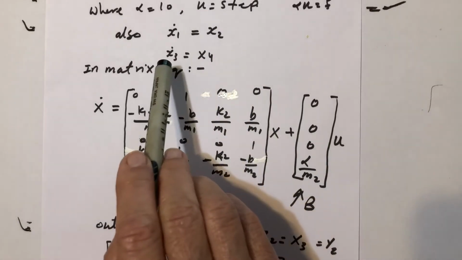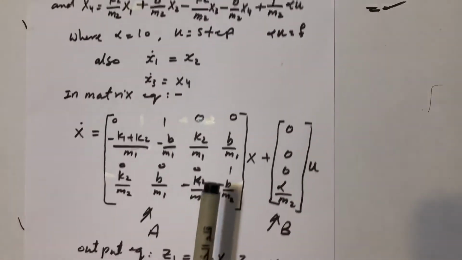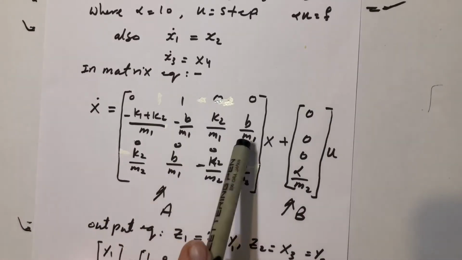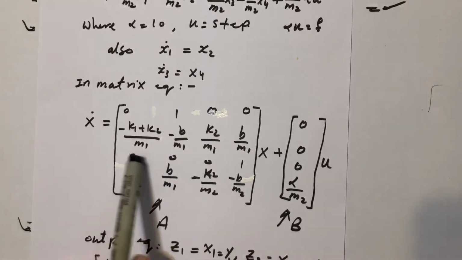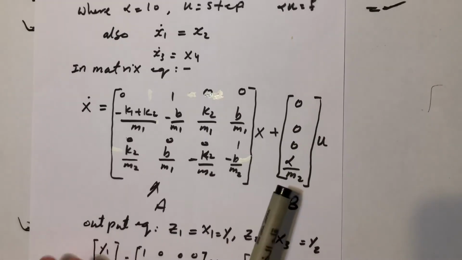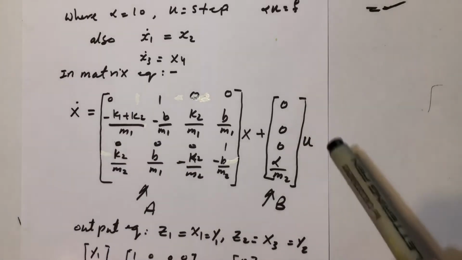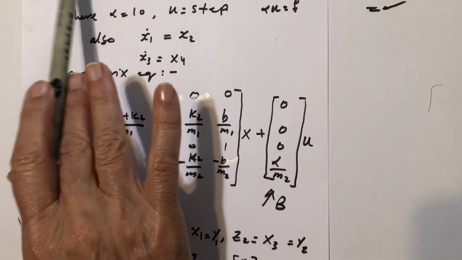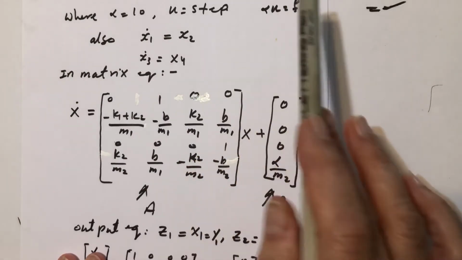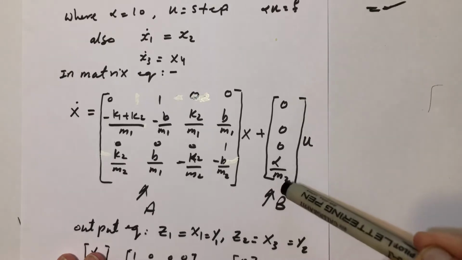For x2 dot we put that equation in the matrix, and x3 dot equals x4 gives its row. This row is from x4 dot. You notice that only the fourth equation, x4 dot, has an input force, so the B matrix is 0, 0, 0, alpha over m2.